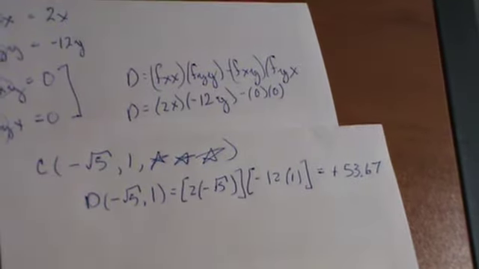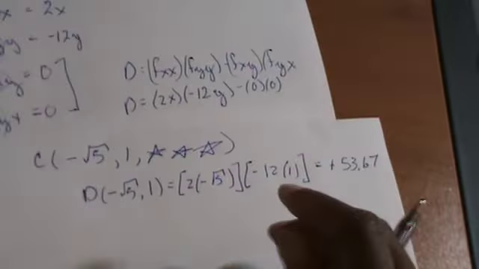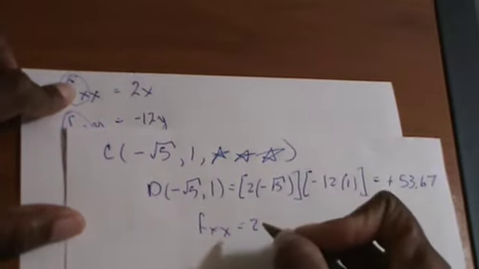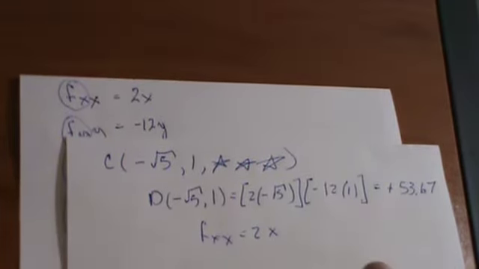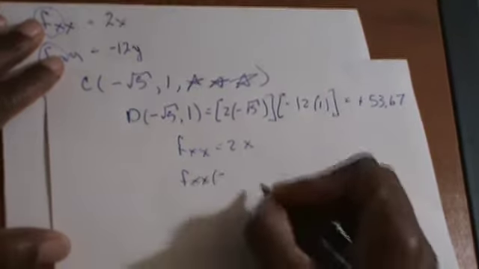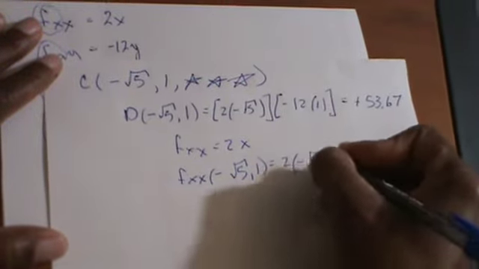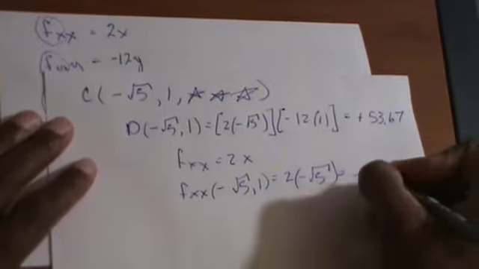So if that's the case, according to the rules, if D is positive, keep going to fxx. So we're going to go up here. Here's fxx right here. So fxx equals 2 times x. If that is the case, then fxx at negative the square root of 5, comma 1, equals 2 times negative square root of 5, which equals negative 4.47.